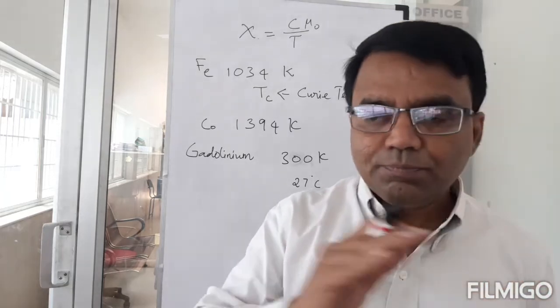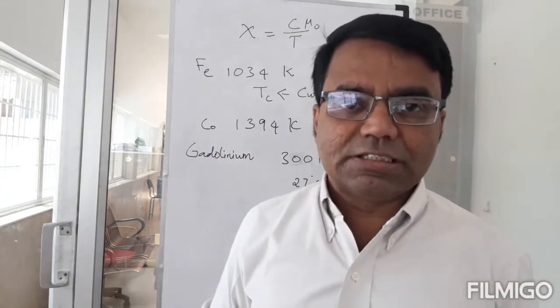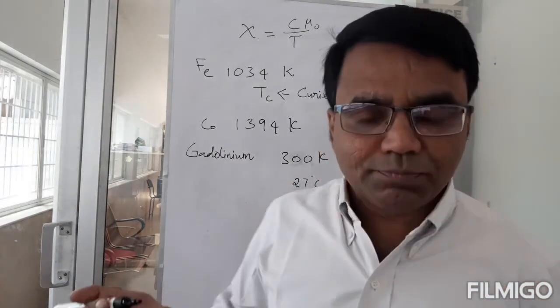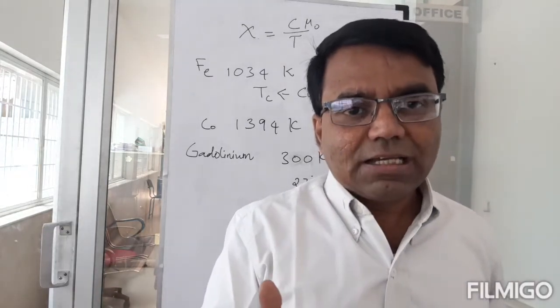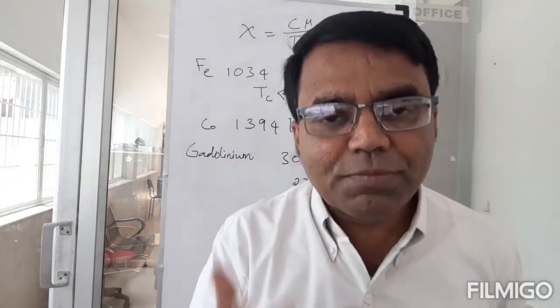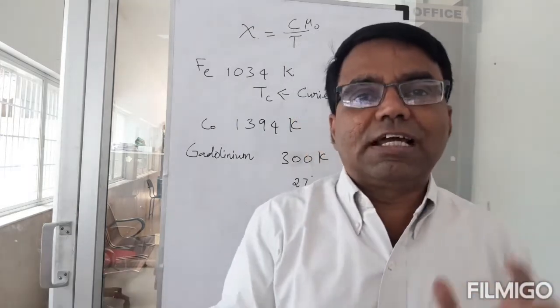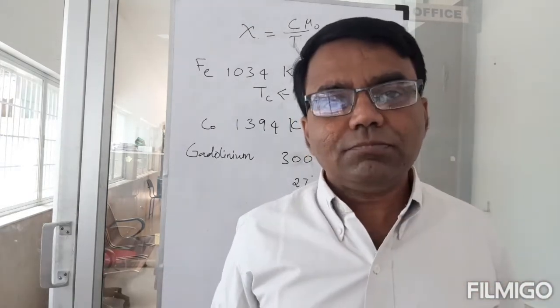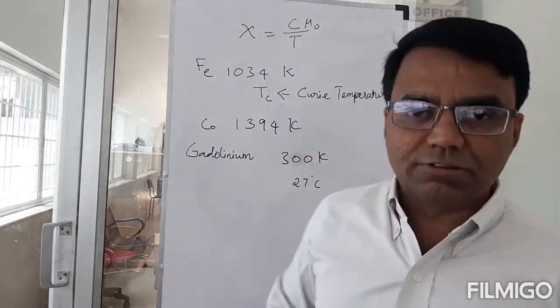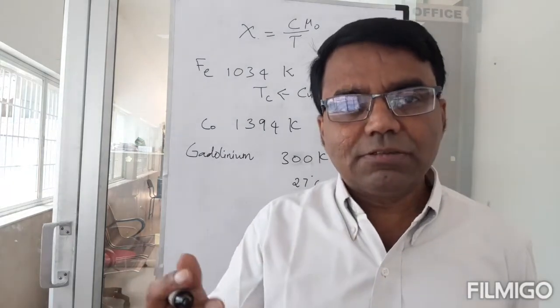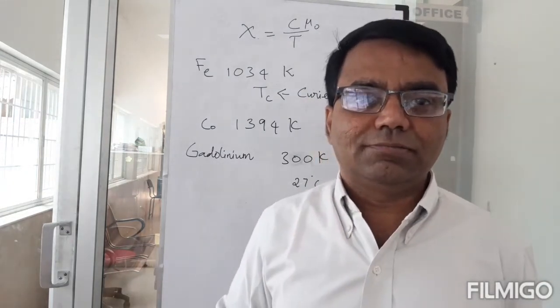So till 27 degrees Celsius, gadolinium will act as a ferromagnetic material. It will have a strong attraction to a magnet. But beyond this temperature, it will become a paramagnetic material.